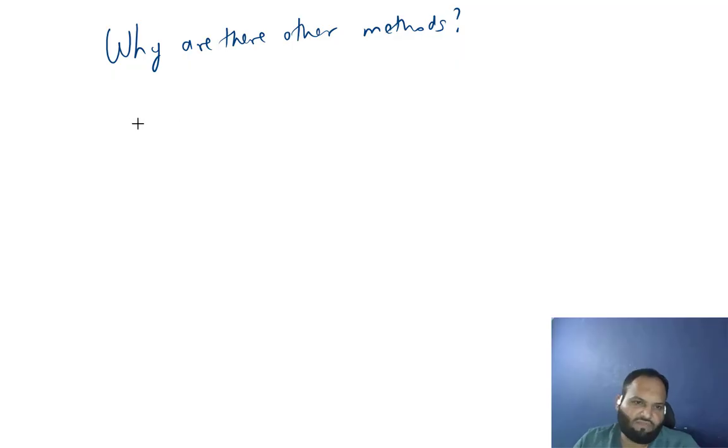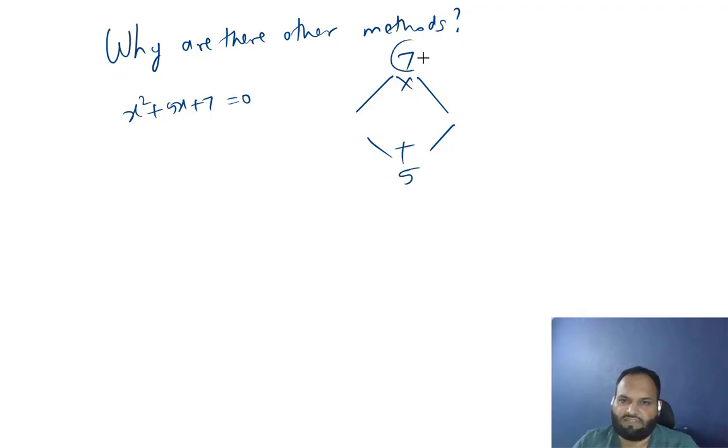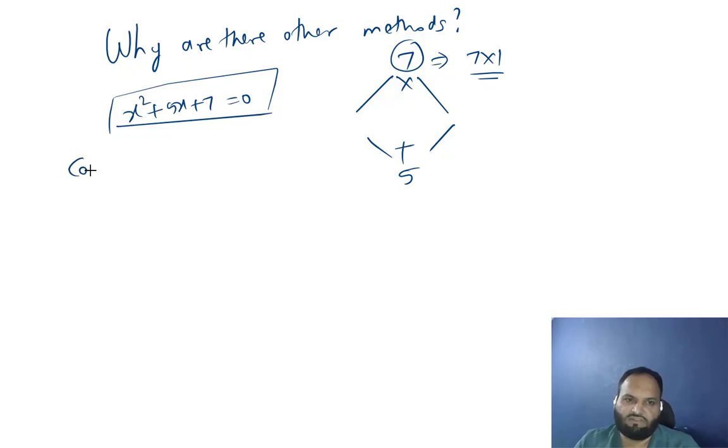For example, one equation, if I say x square plus 5x plus 7 equal to 0. Now if I have 7 as a product and I have 5 as the sum, then 7 has only factors 7 times 1, which will give 8 and not 5. So this cannot be solved by factorization.